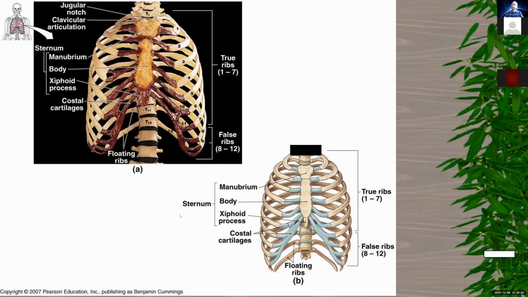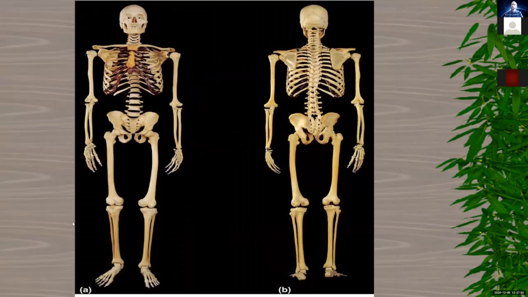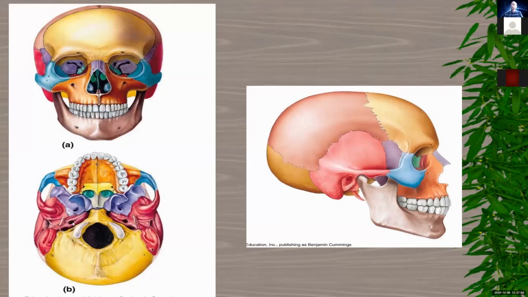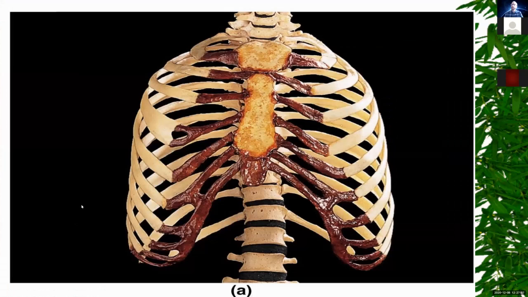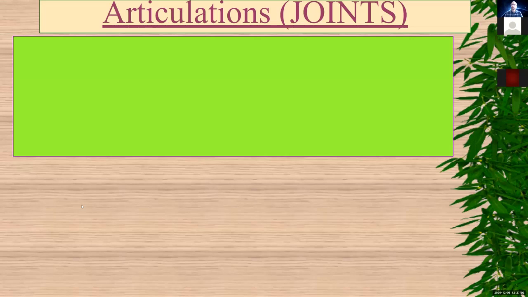Again, a process is an outgrowth of bone. The xiphoid process is actually covered in cartilage, and then you can see all of the cartilage connecting the sternum to ribs 1 through 12. If we had some more time, I'd quiz you on this stuff, but we do not.